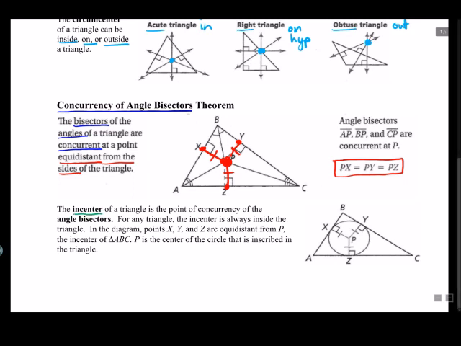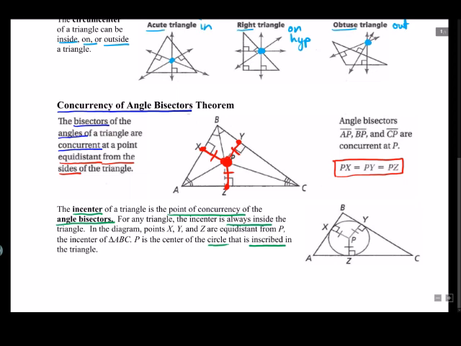Now, the incenter of our triangle is the point of concurrency of our angle bisectors. So this one is called an incenter. It is always inside the triangle, and it allows us to inscribe a circle in our triangle.